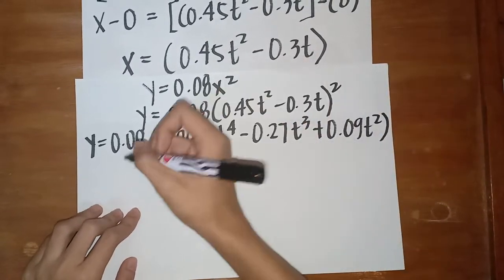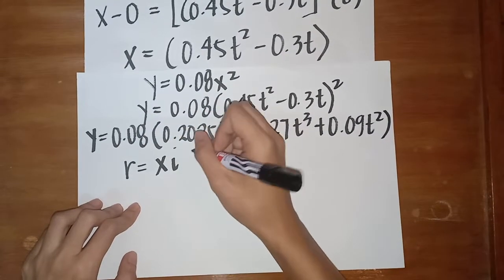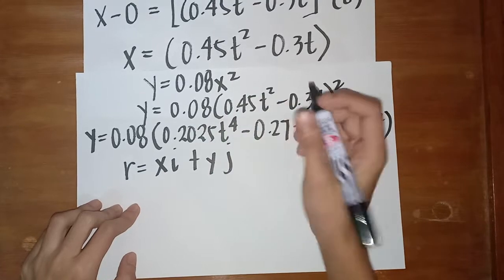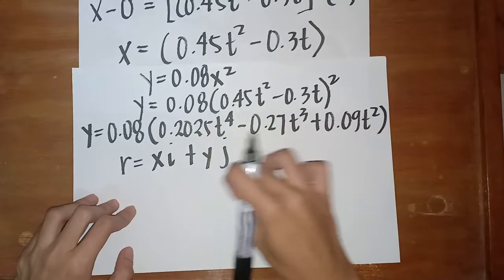Alam natin na ang position in vector is equal to xi plus yj. So, isi-substitute lang natin yung y and x component dito sa equation na nakuha natin.